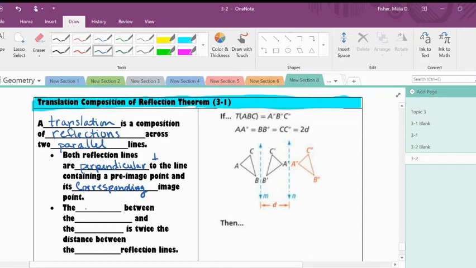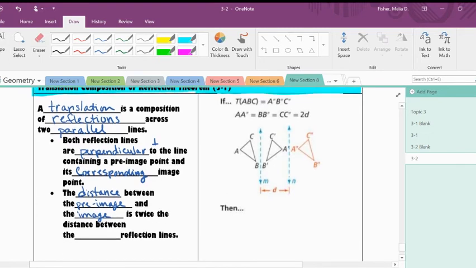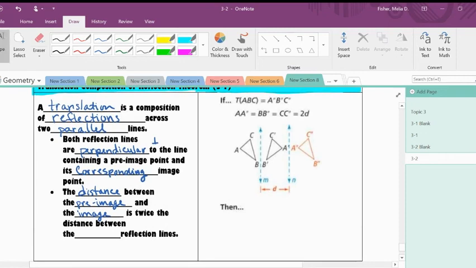The distance between the pre-image and the image is twice the distance between the reflection lines. Between the 2 reflection lines.